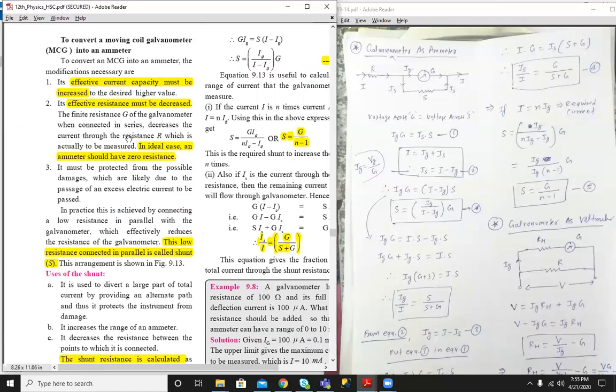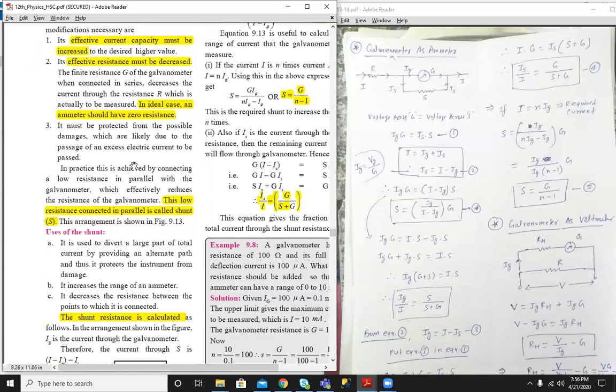In the ideal case, an ammeter has zero resistance. Practically, an ammeter has a low resistance. There is an MCQ question in exam: an ideal ammeter has zero resistance, and a practical ammeter has low resistance.